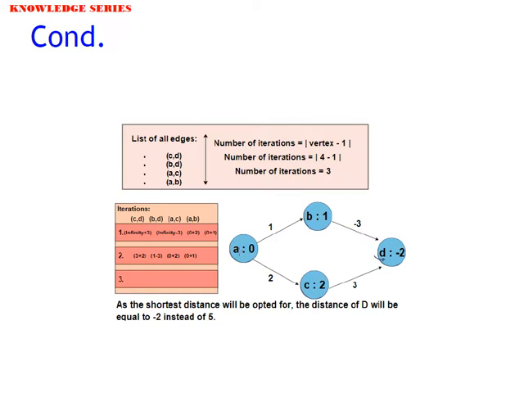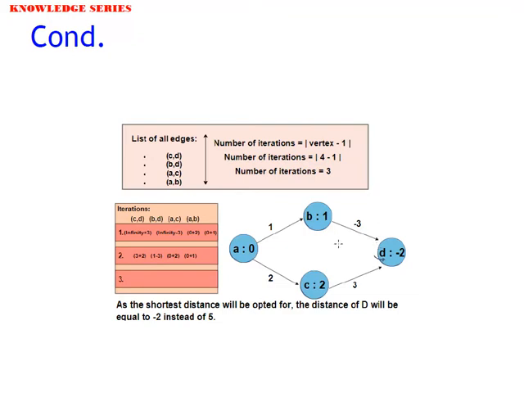So in the first iteration what we have seen: 0 and 1 with respect to AB, 0 and 2 with respect to AC, and with respect to BD it is infinite, because the previous case was infinite and -3, and in CD it was infinite and 3.